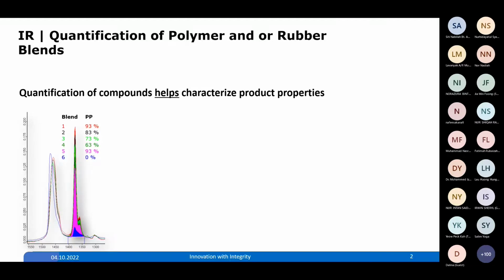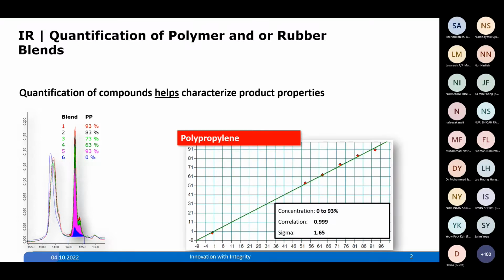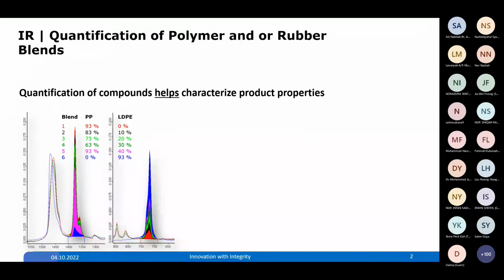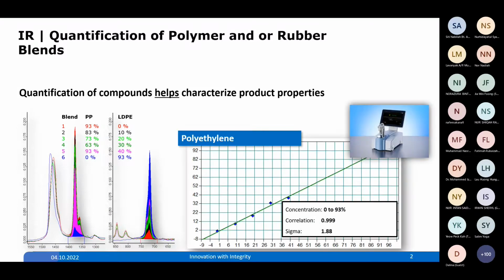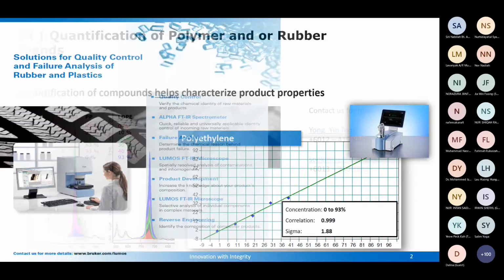Once the method is established, this is one of the examples where it's used to study the percentage of PP blend in samples. It can also be used to study the concentrations of the LDPE in your formulas. So once the method is established, users could use it for routine analysis for the prediction of your compounds of interest concentrations.